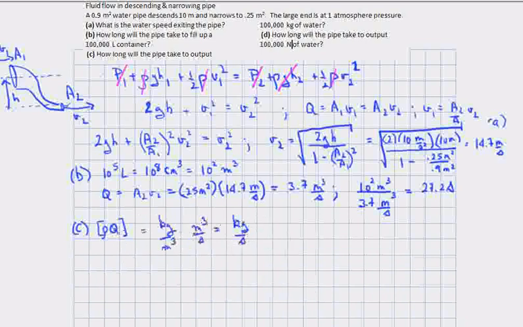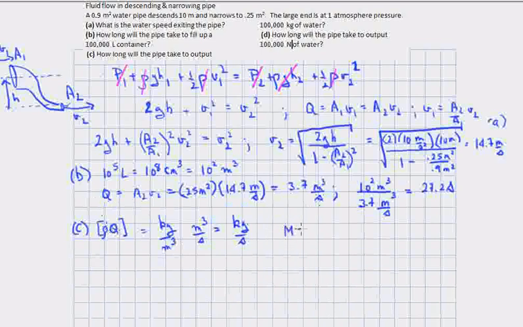And so I can convert the volume flow rate, Q, to mass flow rate simply by multiplying by rho. Okay, so my volume flow rate is 3.7 cubic meters per second.